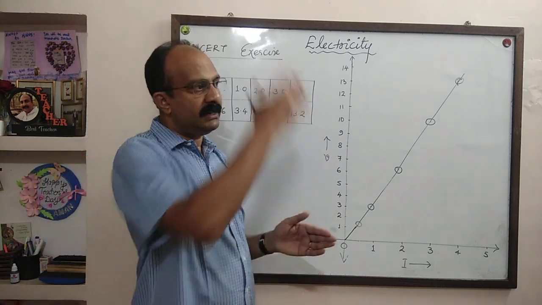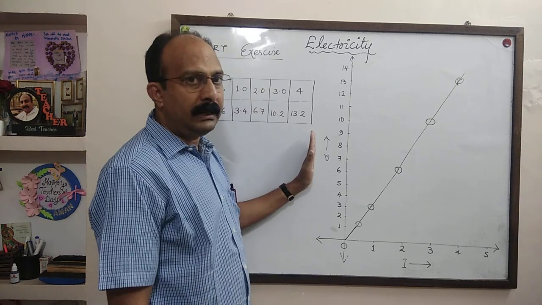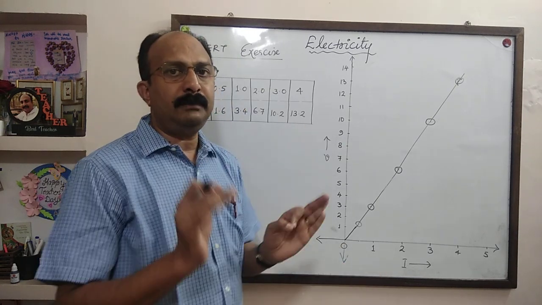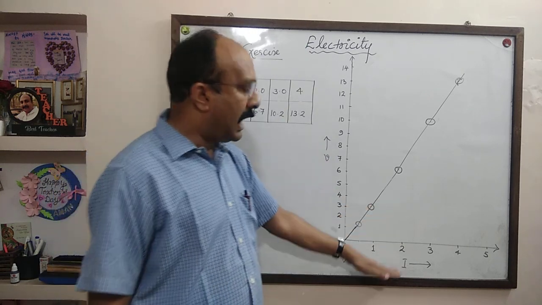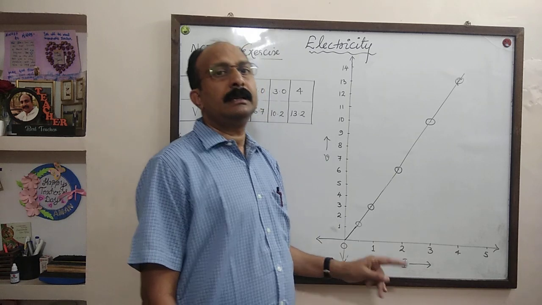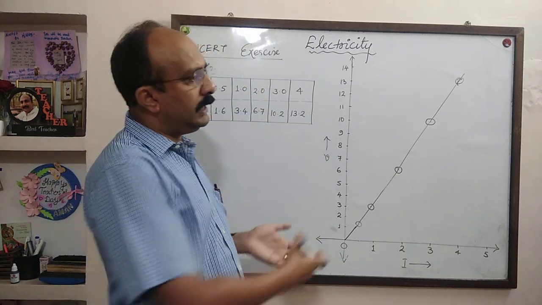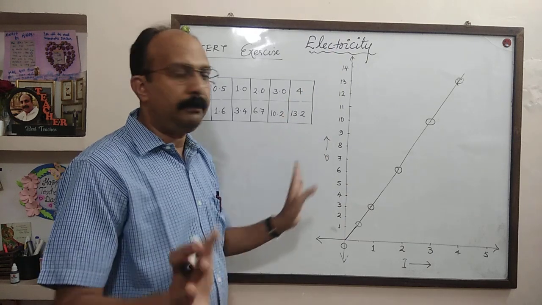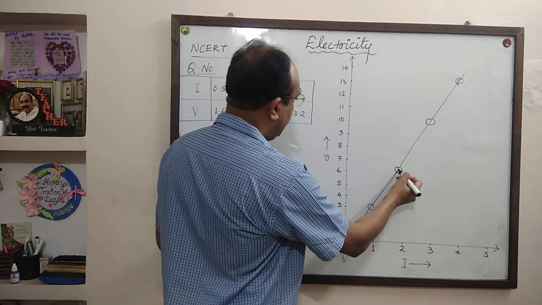Slope of a graph means perpendicular upon base, that is delta V upon delta I, or simply V upon I. So since V is on Y axis, I is on X axis, R will be equal to V upon I. Take any point on this graph. I am taking this point. This is 6.7.